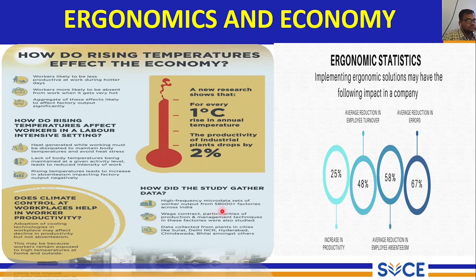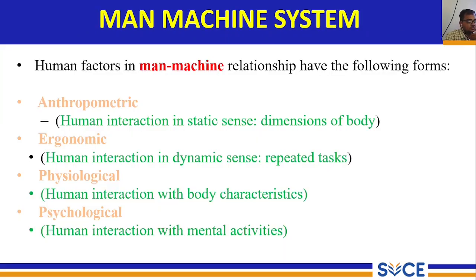The study taken from 58,000 industries across India shows closer to 67% of error reduced on average. So that is the impact ergonomics has on the economy of the organization. From an industrial perspective, they should not see ergonomics as something which is only adding cost. It's something which is going to give them a bigger benefit in the longer run, right?